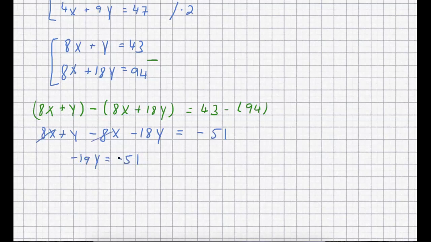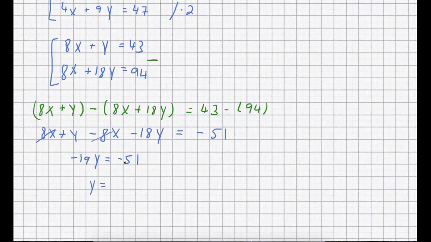Right. So here, y is? It's minus 19 divided by minus 51. No. Close, but no. It's minus 51 divided by minus 19. Really? But I thought we always divide by the coefficient of the unknown.